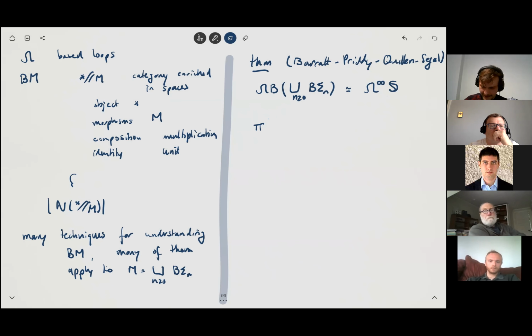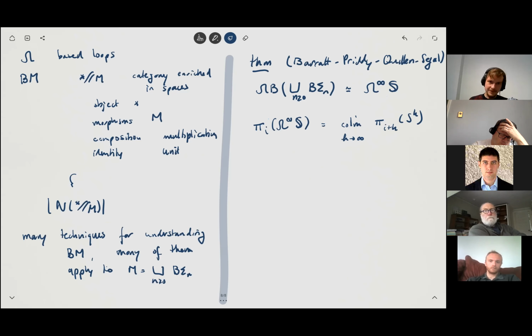So the ith homotopy group of this space based at 0 is the same as the ith stable homotopy group of spheres. So you take pi i plus k of S^k, and then let k go to infinity by taking suspensions of the domain and the target.